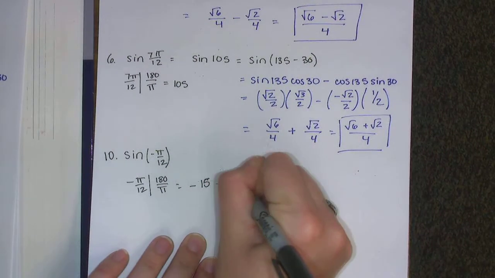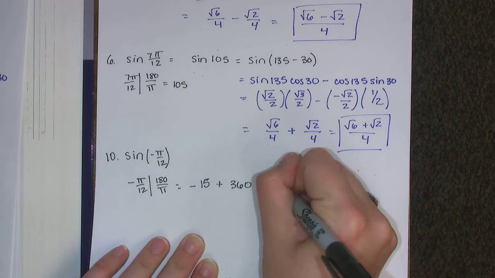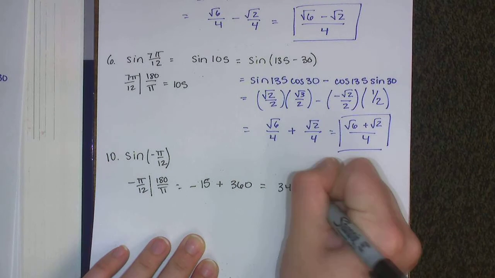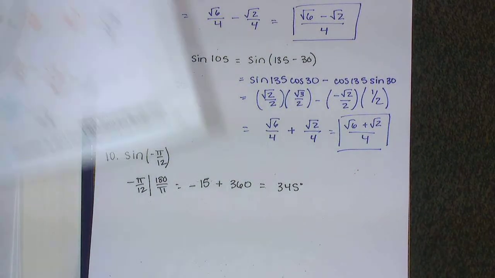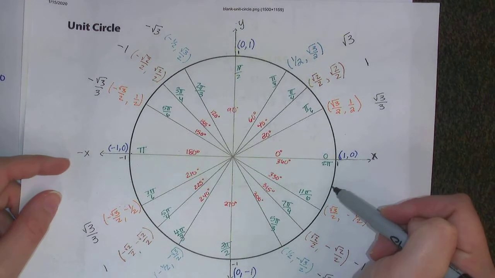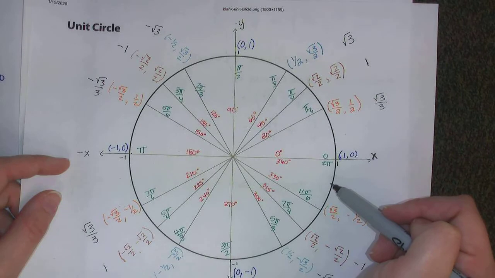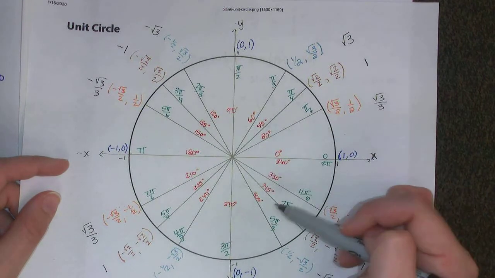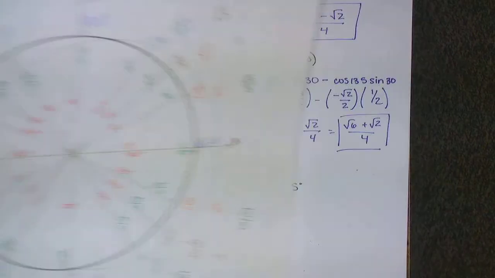So let's look at our unit circle real quick just to show. So minus 15 degrees would be down here. Well, 345 degrees would also be right here. So it's the same thing. The negative angle is the same thing as the positive big angle looping all the way around. So if you have a negative angle, once you convert it to degrees, add 360, and you got it.